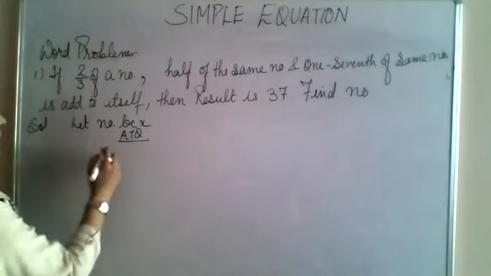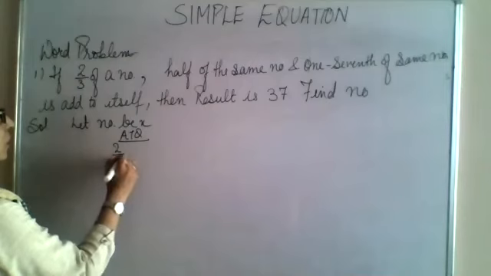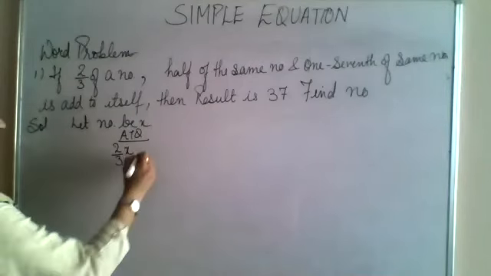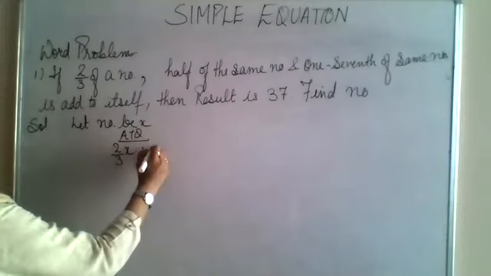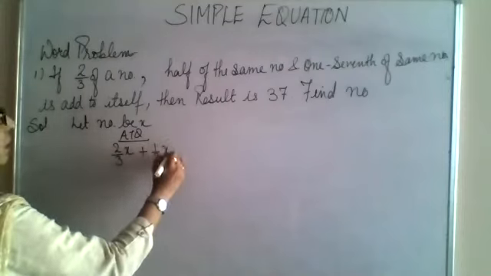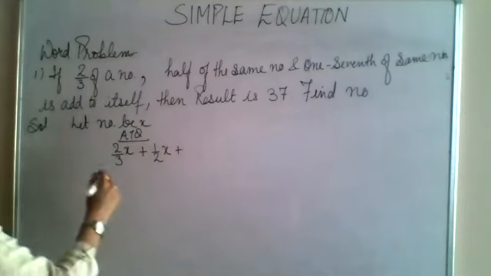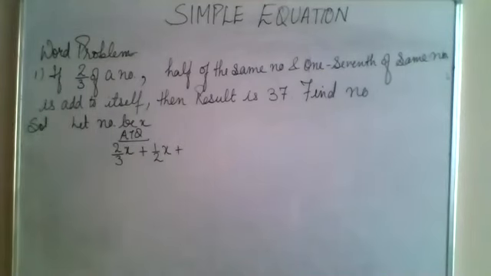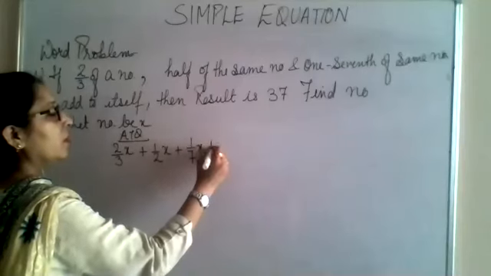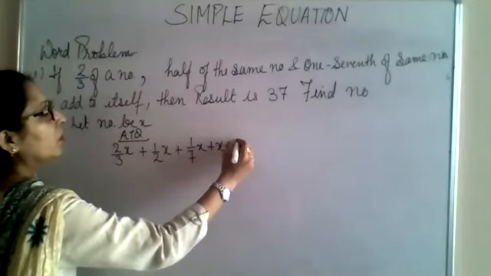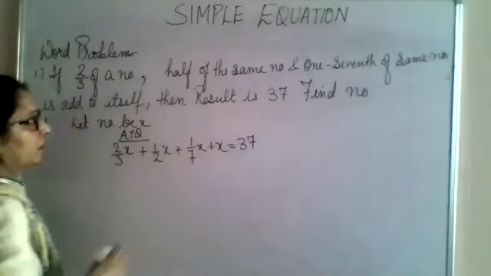So you can directly write 2 upon 3x plus half means 1 upon 2x plus 1 upon 7x and itself means x. So 2/3x plus 1/2x plus 1/7x plus x equal to 37.